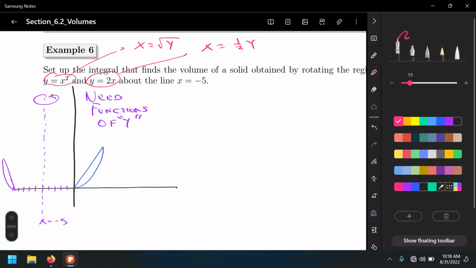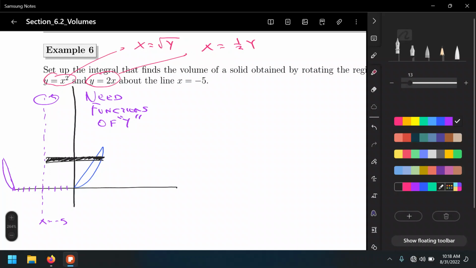Okay, so here is where we need to set up the volume calculation. Well, we're rotating about this vertical line, x equals -5. From here again, we have an outer radius and an inner radius, right? An outer bound and an inner bound for the region. The outer bound will be the parabola, however, not in terms of x, but rather in terms of y.